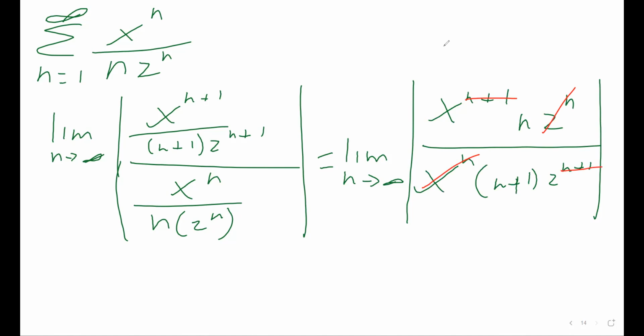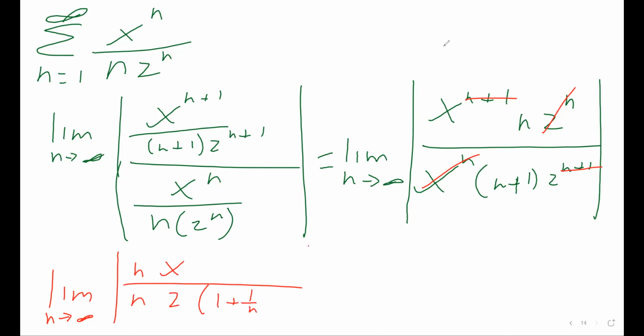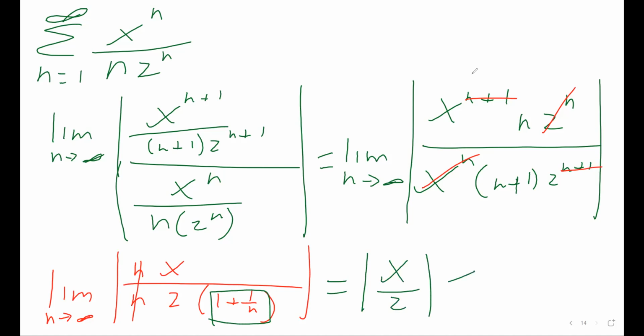And then we can factor an n out, and on the bottom we'll have a 1 plus 1 over n. And those will cancel. This part will just go to 1, so we can pretty much ignore it. So we're left with x over 2 inside the absolute value, and this has to be less than 1 in order for it to converge.